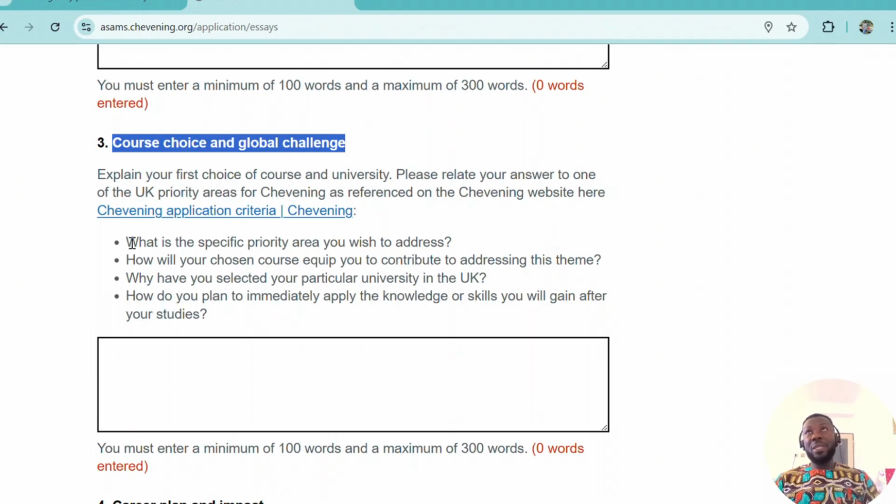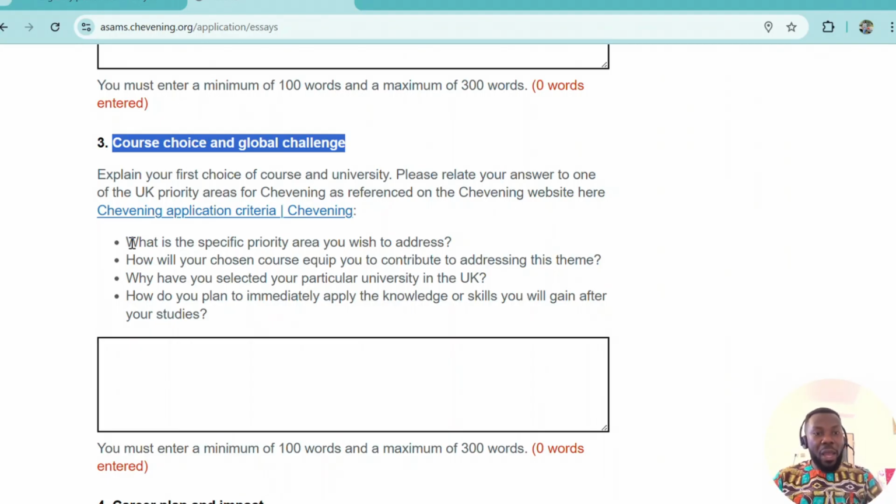If there is a specific area you can highlight and say, for this particular thing, studying this would give me that knowledge to be able to implement this particular policy or influence policy in this particular area when I return to my home country, you can mention it.